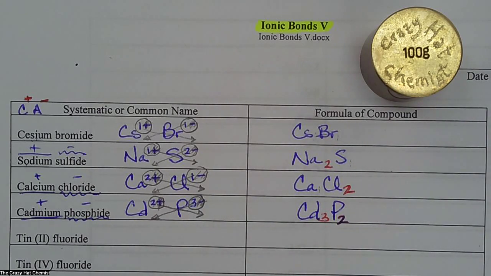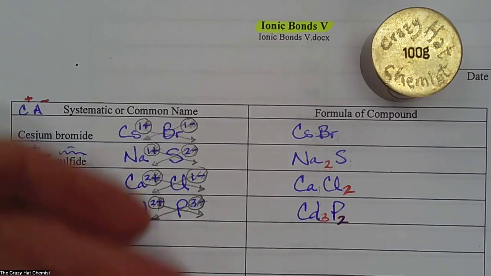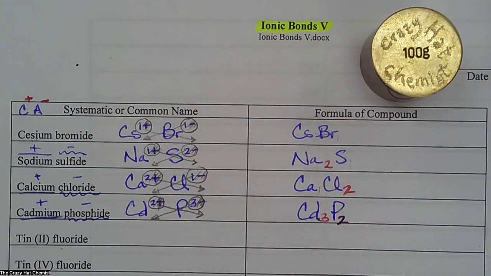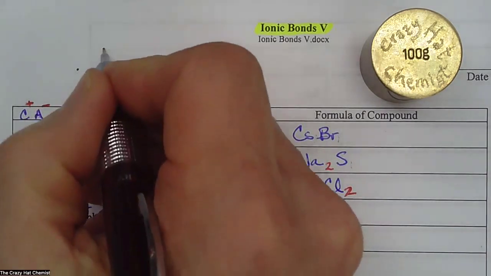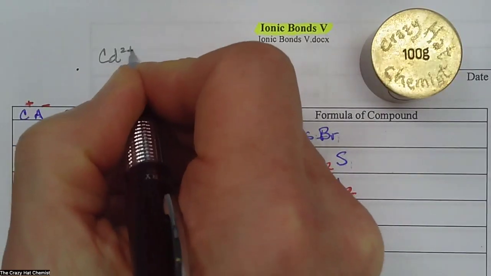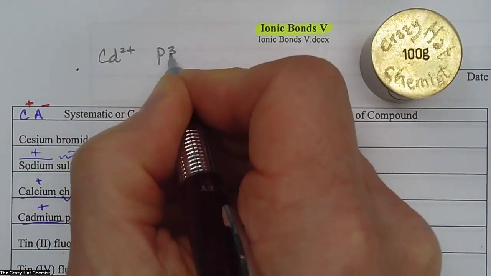And again, just as a little reminder, and this is something I discussed in a previous video, but I'll write this down here just for you on this one, because it does make sense on this one in particular. The net charge for an ionic compound is going to be 0. So that's ultimately what we're doing. So Cd, that's a 2+, and a P that's a 3-.